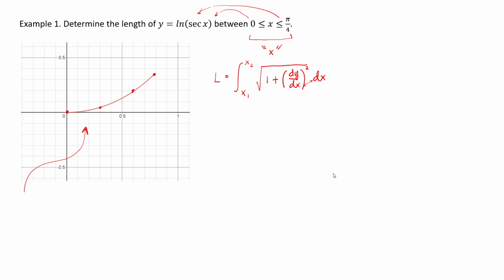What you need to do here is determine dy over dx. We're going to determine parts of the equation. For the limits of integration, x1 to x2, it is already given in the problem: x1 is 0, x2 is pi over 4.